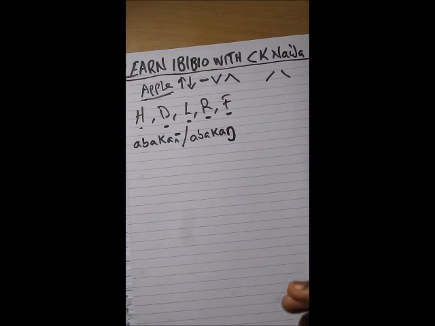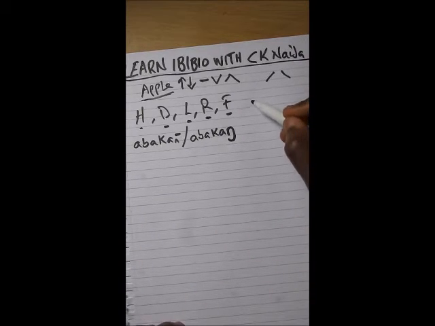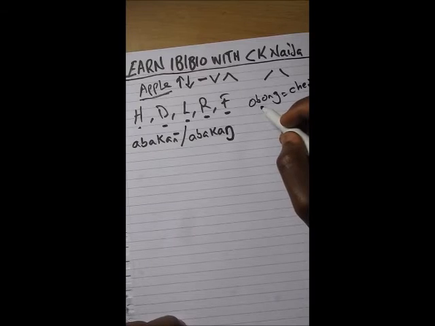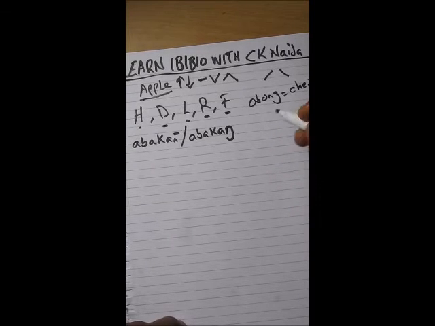So if you were to say obong, which in English you would say with a G, which means chief, that is actually the wrong way of spelling it, because there is no G in the Ibibio language.